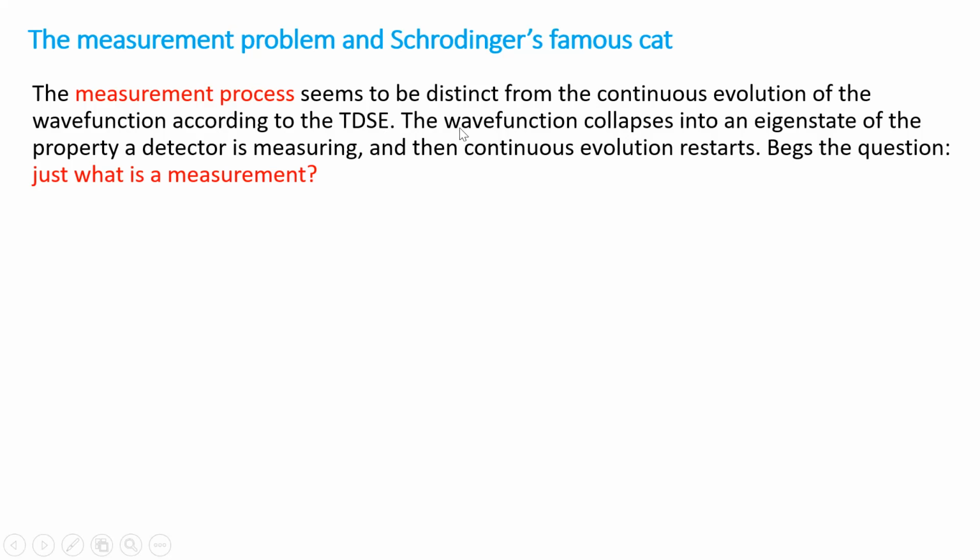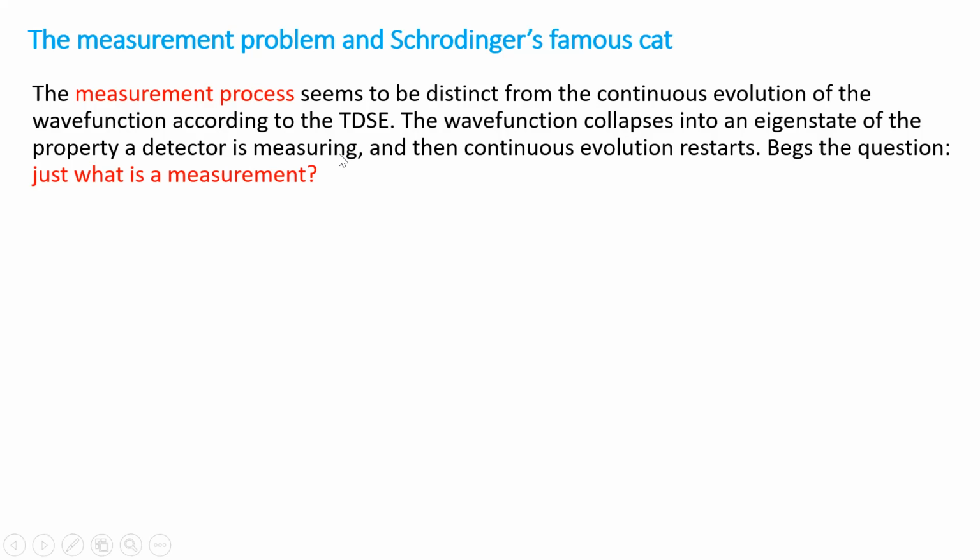Then when a detector measures a property, the wave function which has been evolving collapses into one of the eigenstates of the property that the detector is measuring. So for example, if we have an electron going through a two-slit experiment, and we look on the screen, the detector would be the photosensitive screen.